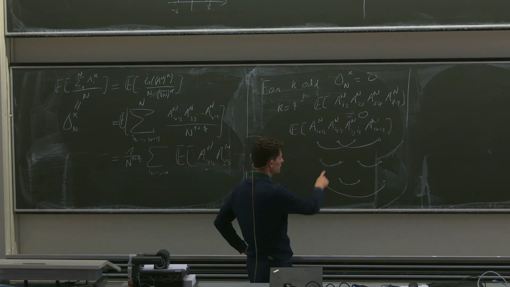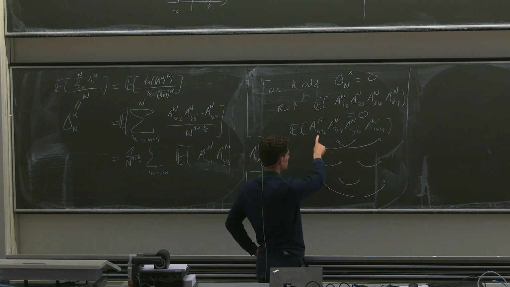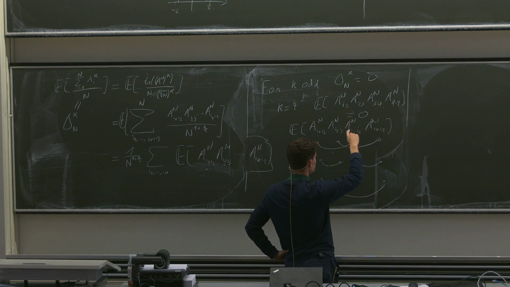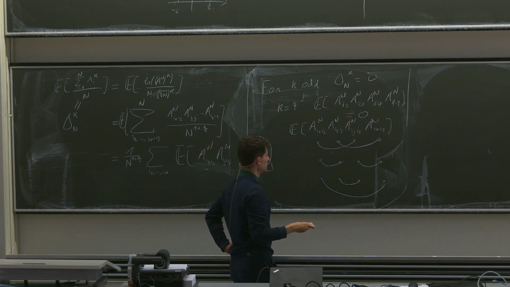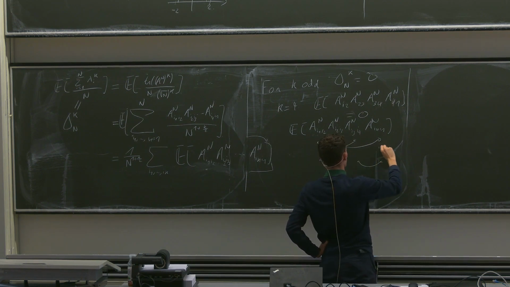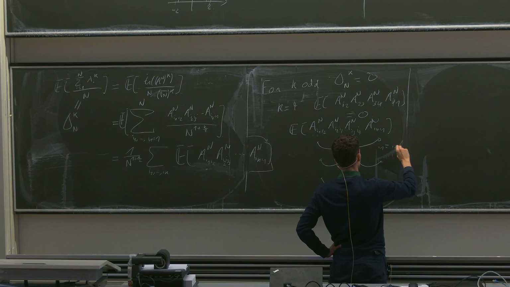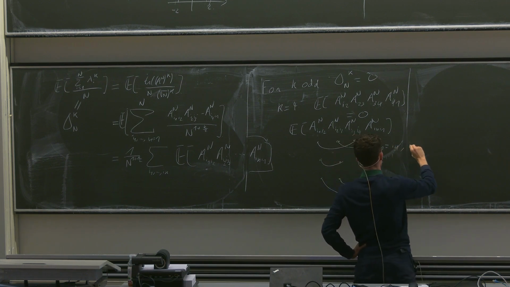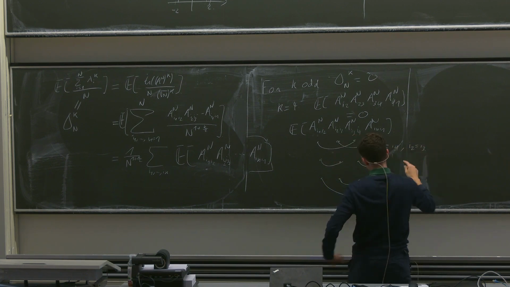Now let's see what the constraints of these pairings are on the entries. If I have this pairing, then by symmetry, I have A_{I1 I2}, which is supposed to be equal to this entry A_{I3 I4}. So then I have I1 equal to I4, and I2 equal to I3, so I have two constraints.